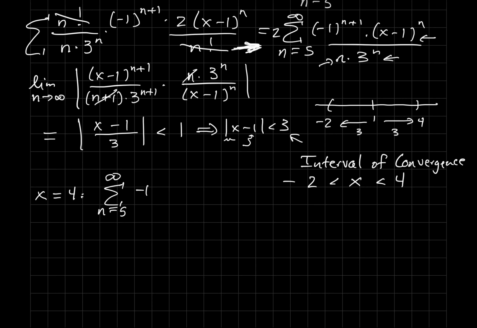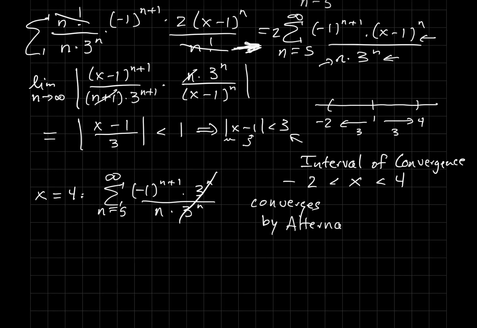But then I get negative 1 to the n plus 1 times 4 minus 1 to the n over n times 3 to the n. Those cancel, and we are left with a converging alternating series. So I can put the equal sign right here for my interval of convergence.